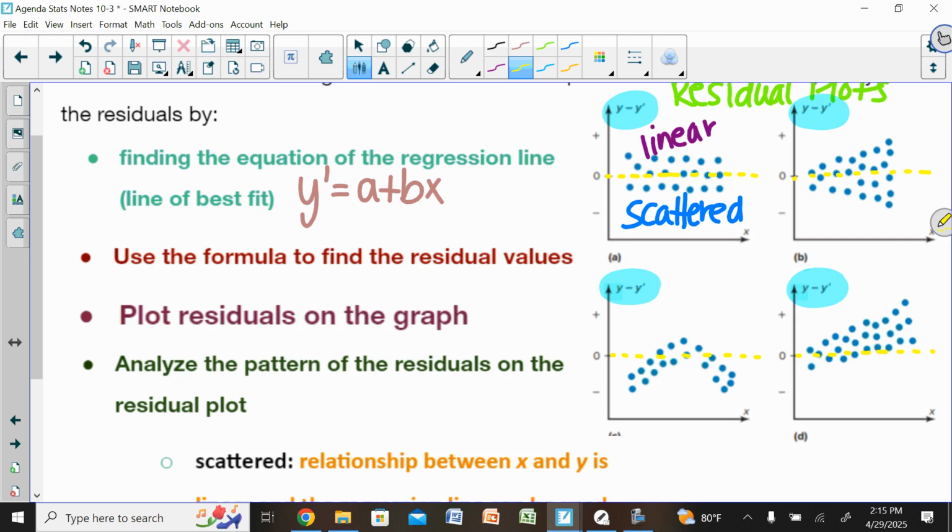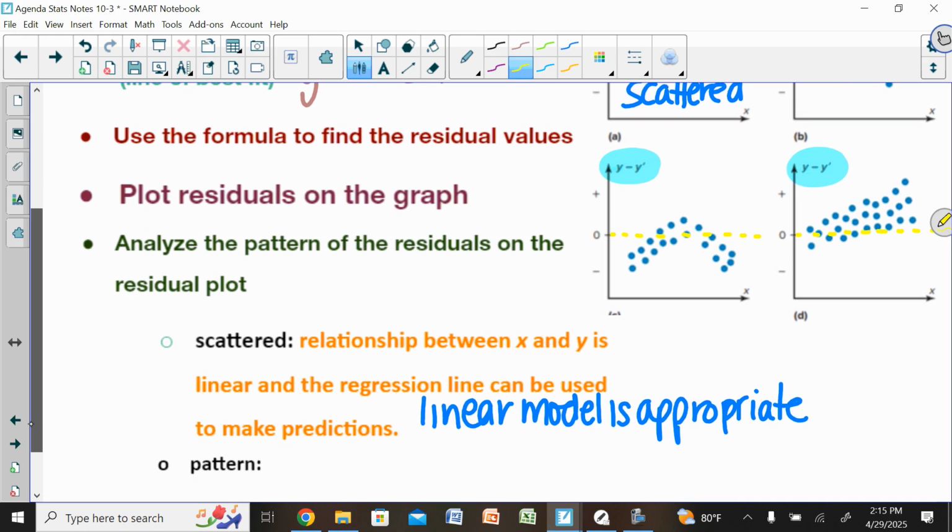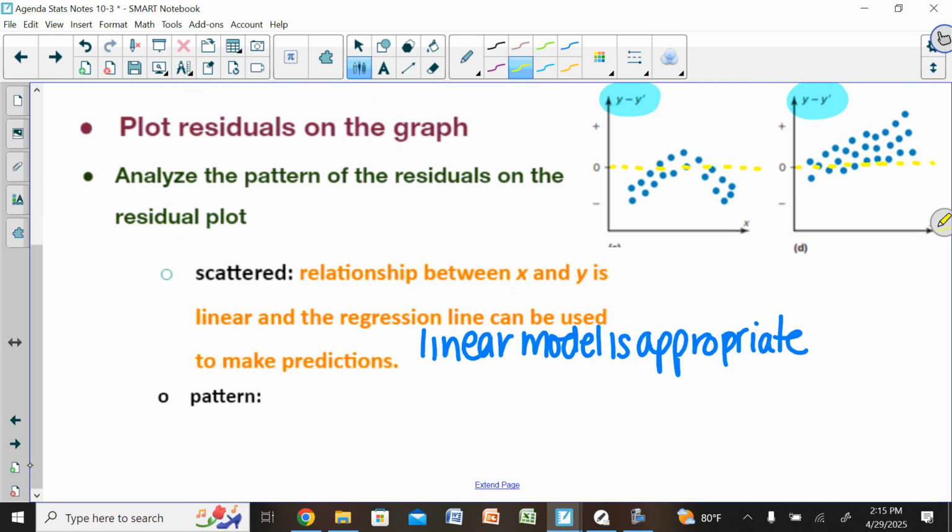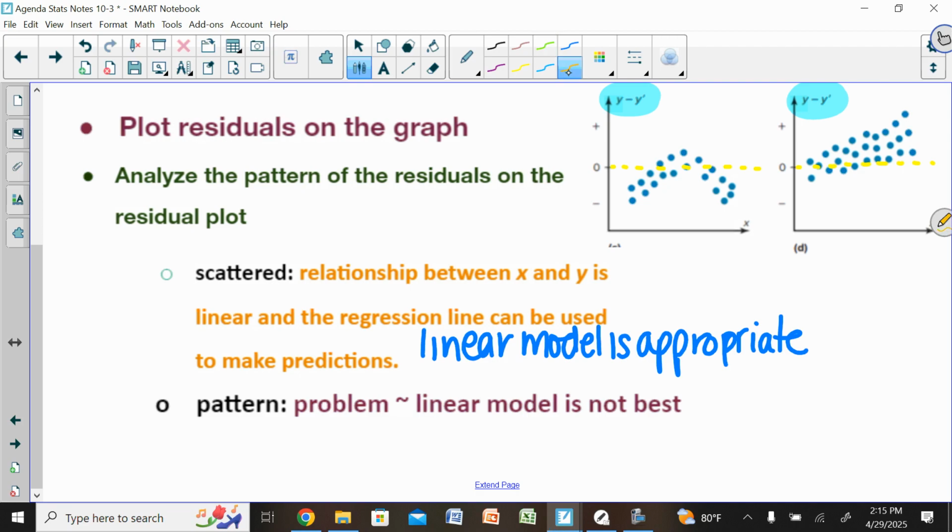If you look at this guy, the second one, well, let me go down here. If there's some sort of pattern, that means a linear model is not best. And the kind of patterns I'm talking about are things like a Christmas tree, sideways, or a smiley face or a frowny face.